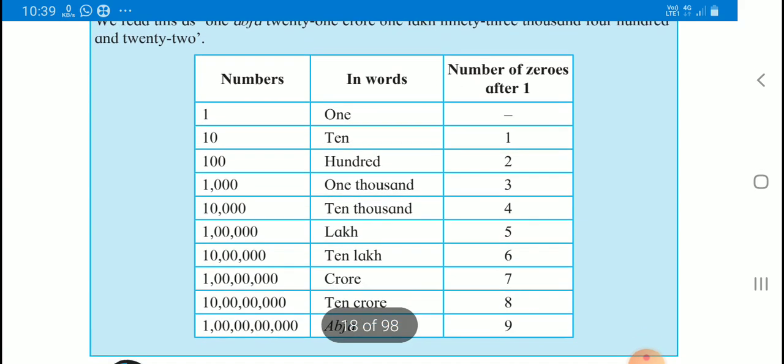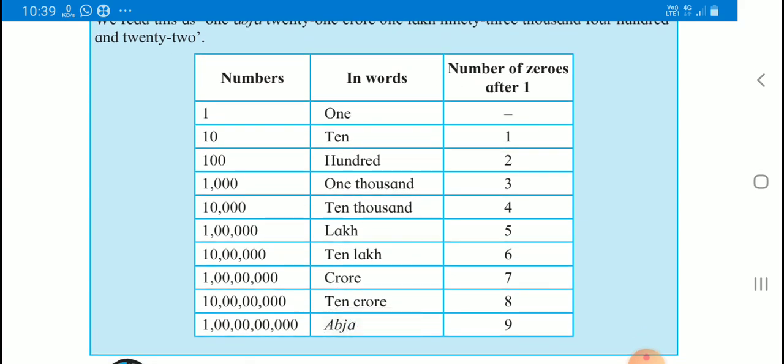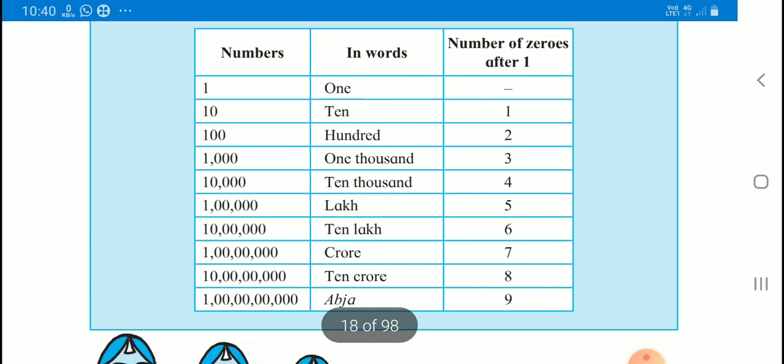After crores there is 10 crore, 10,00,00,000. 10 crore contains 8 zeros. And after that abja, 1,00,00,00,000. That is known as abja. It will contain 9 zeros.